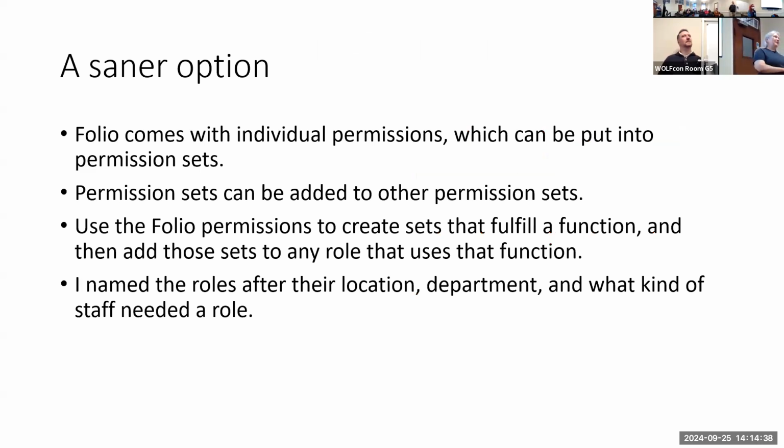So the second option: Folio comes with permissions that come with it, out of the box. If you do what I do, because I still download the whole thing and look at them in the JSON, you can tell if they come from Folio because there's a quality called mutable.